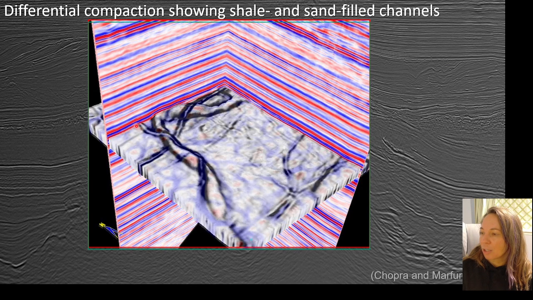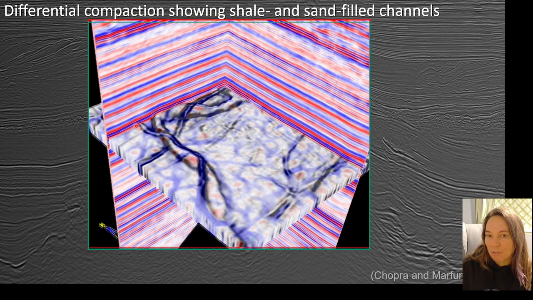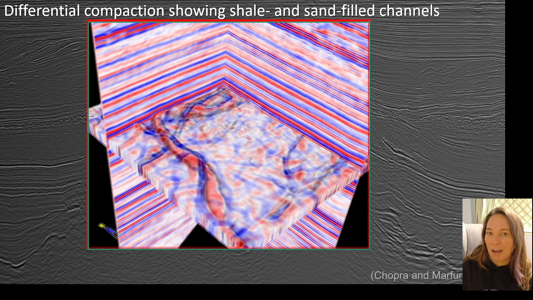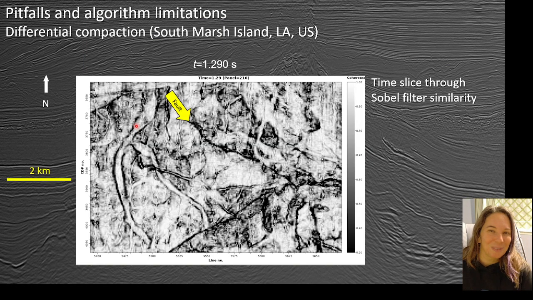And so here we've got a chair display with a coherence, and then we can pull in the most negative curvature to show us where we have the differential compaction from the shales in the blue. And then from that, we can also show where we have the positive curvature in red, showing that mounding of the more sand-filled channels. And so we end up with a lovely co-rendered display that shows the data pretty well to your team.